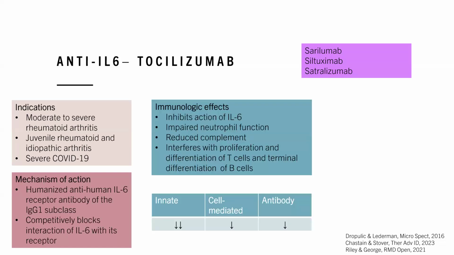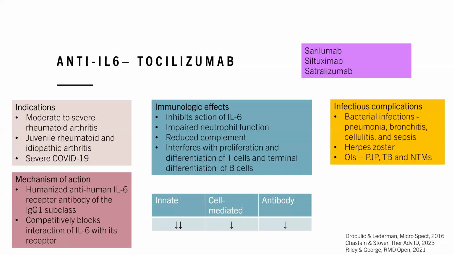It can affect your innate immune system, also some cell-mediated antibody, and its risk is really bacterial infections because it primarily affects your innate system, as well as some viral and opportunistic infections, but less so than others. And I think we saw less of a risk for bacterial infection than we anticipated when there was this huge rollout of tocilizumab during the COVID pandemic.